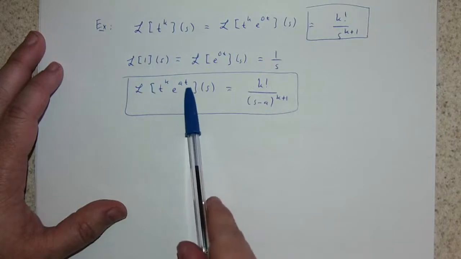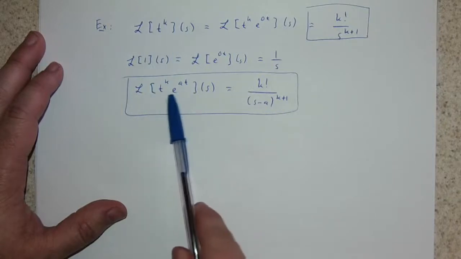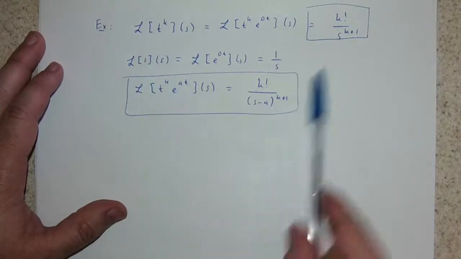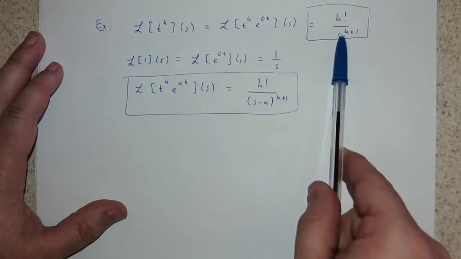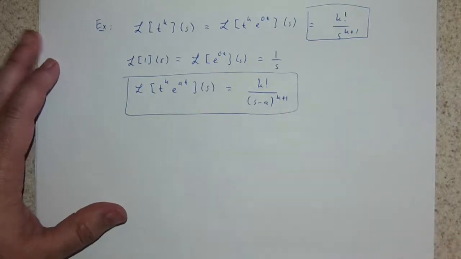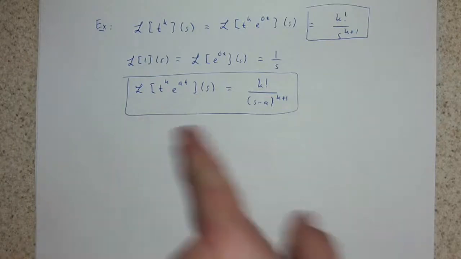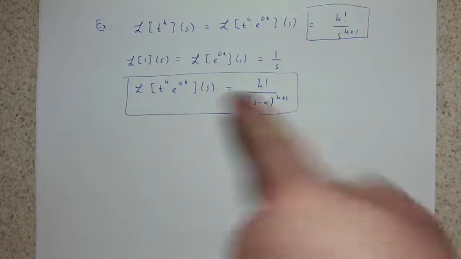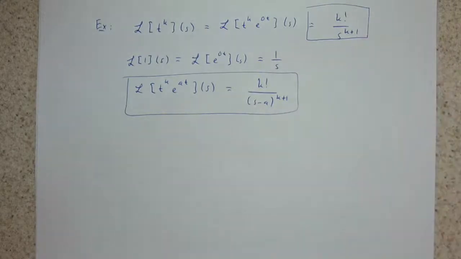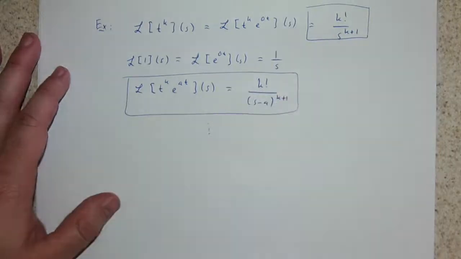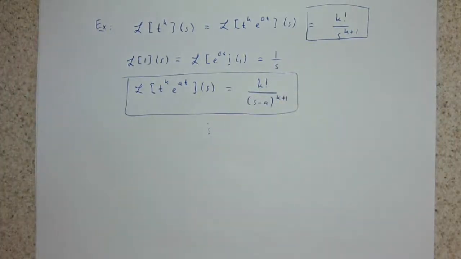Multiplying by e to the at is a shift by a, so it takes this and replaces s with s minus a. That's one way of viewing it. I could also view this as minus 1 to the k times the kth derivative of 1 over s minus a, which is this thing. Either way you want to look at it. Those are just two examples, but this shows you how this fills out the table.